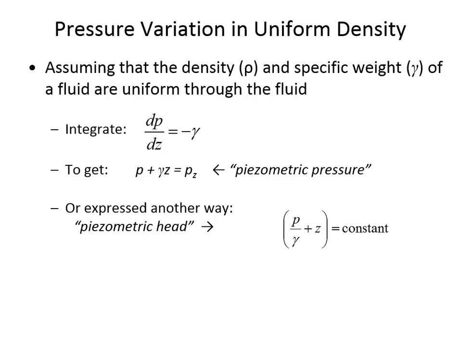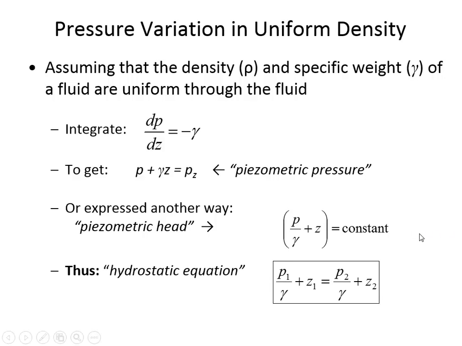Pressure we already know is newtons per meter squared. Gamma Z is newtons per meter squared because gamma is newtons per meter cubed, and then we multiply it by Z, which has units of meters. If we express it the other way, both of these terms will have units of length. Z has units of length, and pressure divided by gamma will have units of length as well.